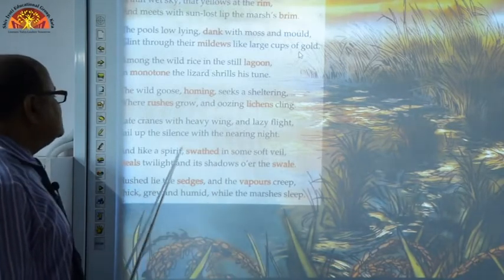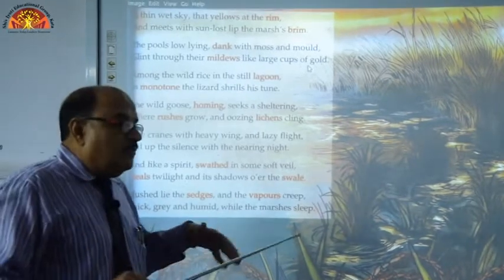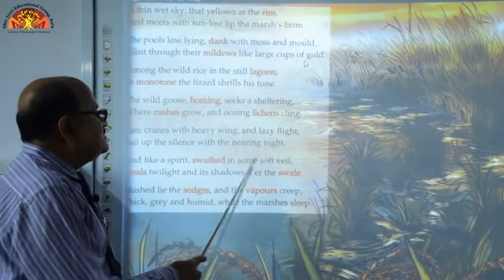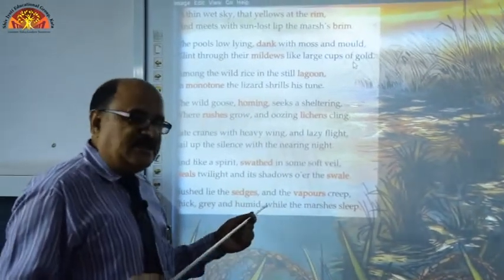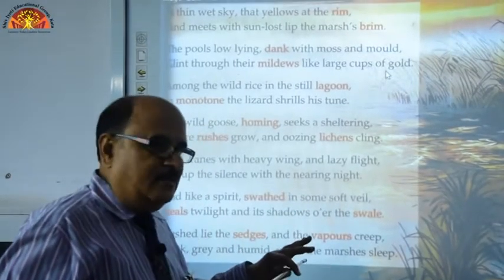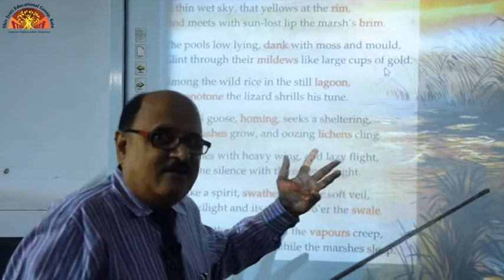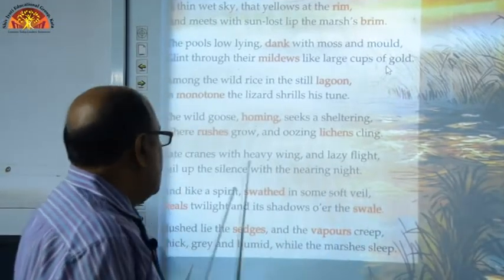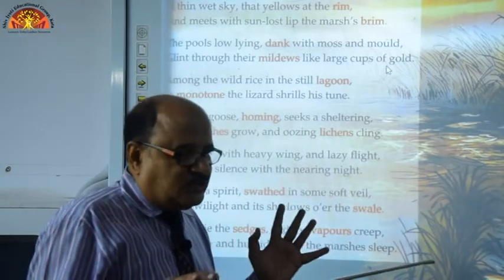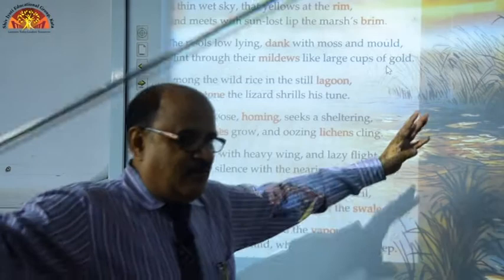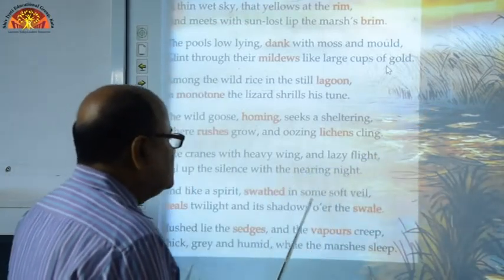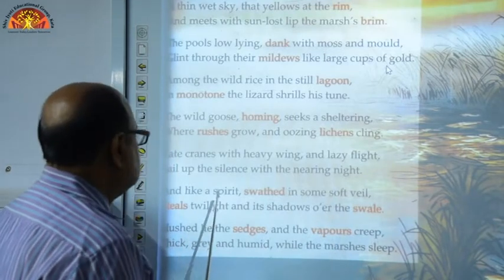And like a spirit figure, ghost like figure, spirit swathed in some soft veil, means night time, some spirit like creatures come and in the veil, in the covering, night time is there. This spirit is described as if some ghost like figures are ready to cover each and everything in some soft veil, spirit swathed.